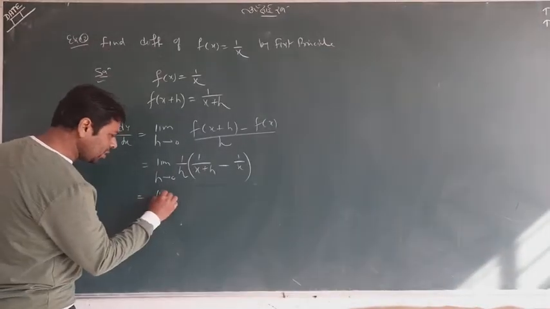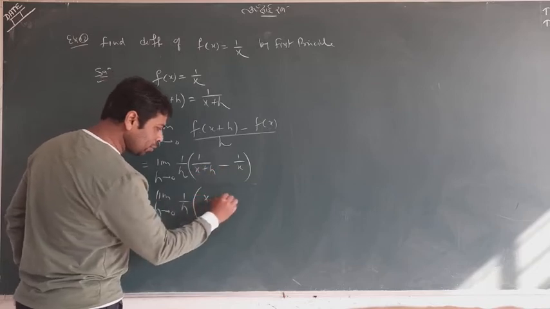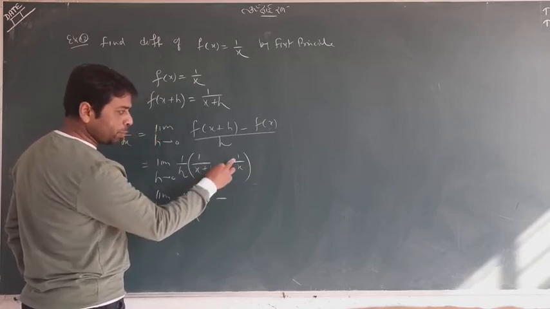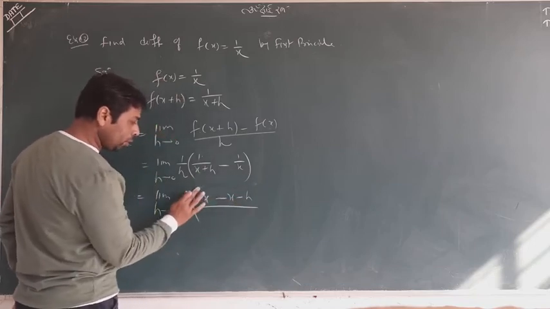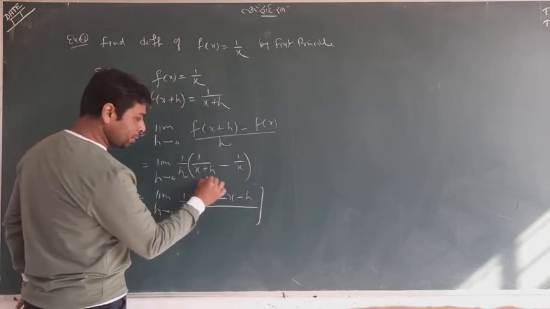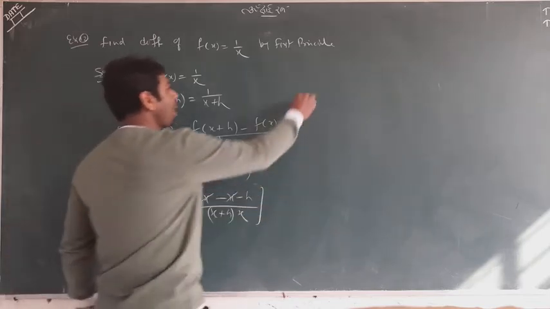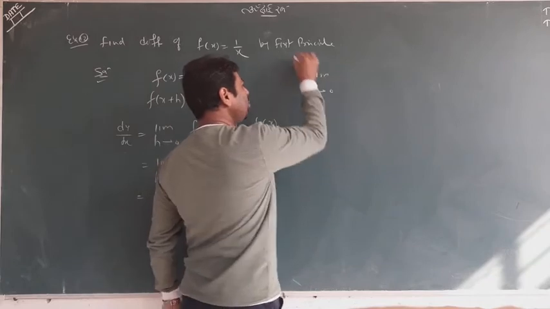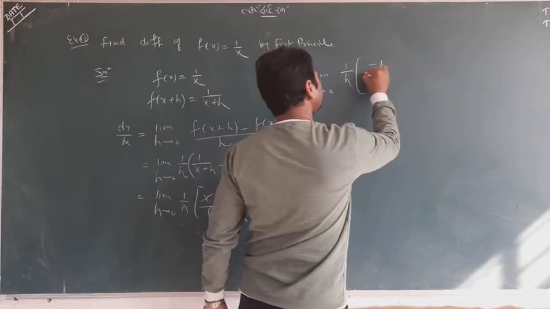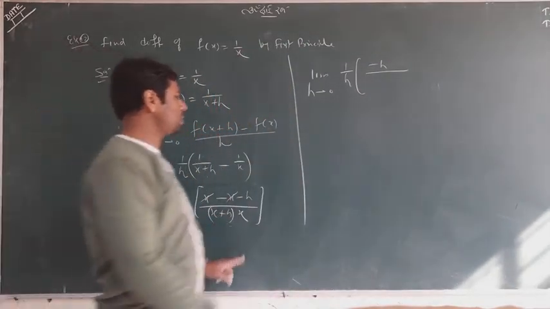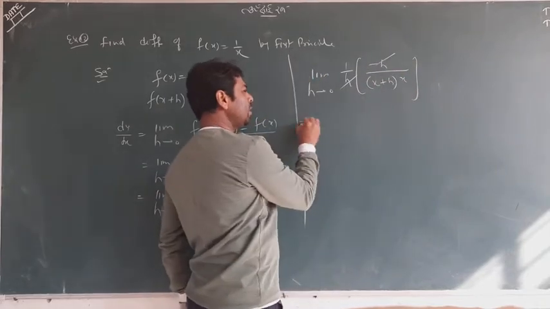Look, it is very easy. Take the LCM: x minus x plus h will multiply with 1. Because of the minus, both signs will change, upon x and x plus h, both coming here. These two will cancel. h tends to 0. 1 by h times minus h upon x plus h into x, cancel.